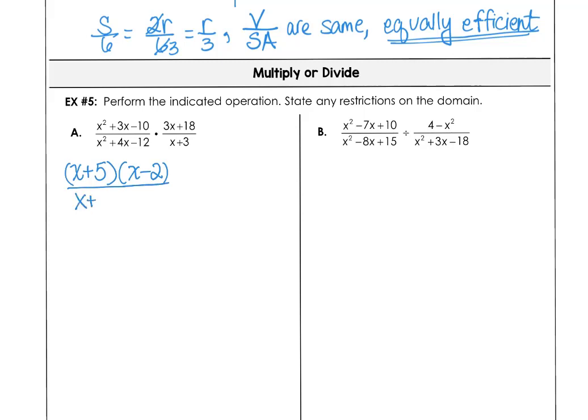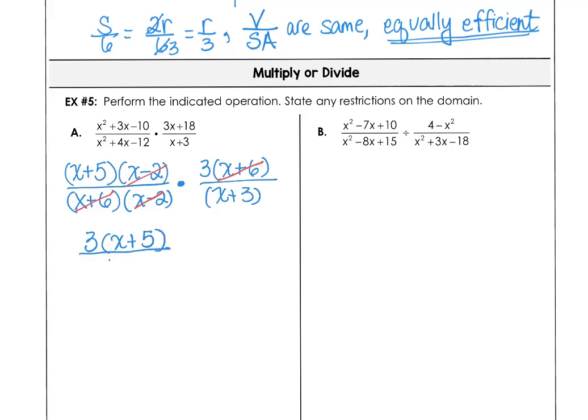So we can jump right in with factoring this first set of fractions. X minus 2 eliminates. It's a multiplication problem. We can factor a 3 from the numerator. And then again eliminate the x plus 6 factors, and multiplying straight across, 3 times x plus 5 divided by x plus 3.